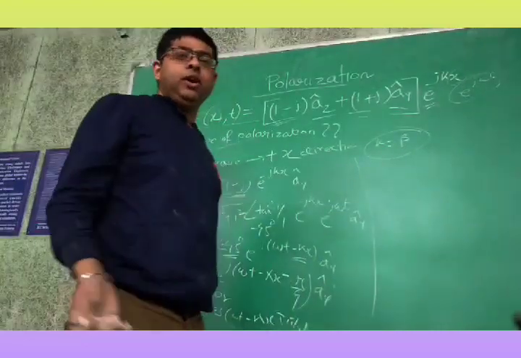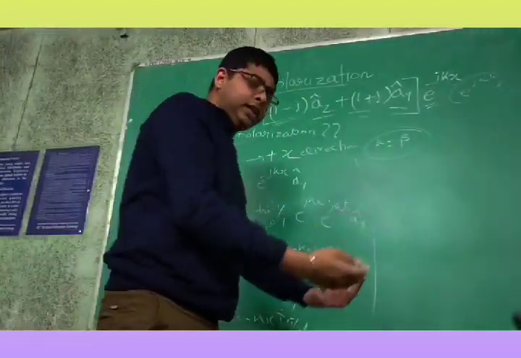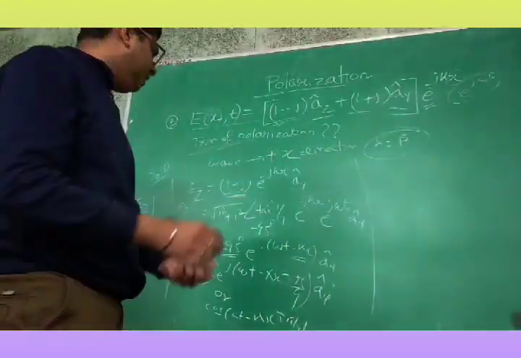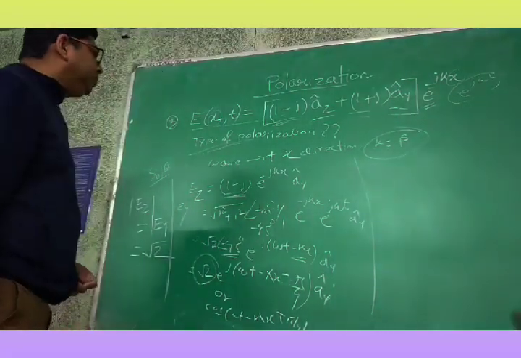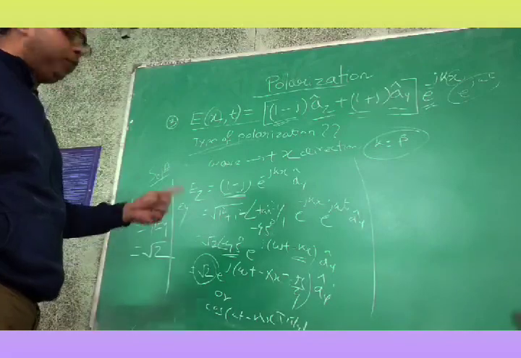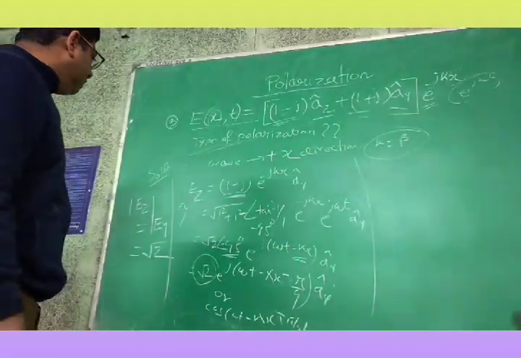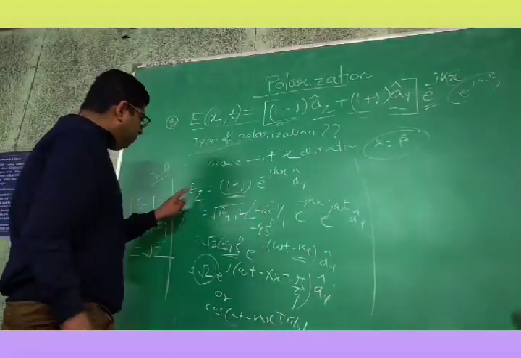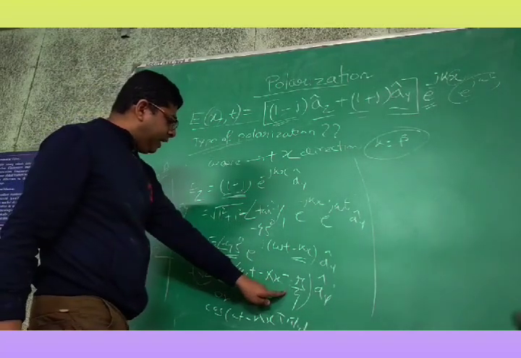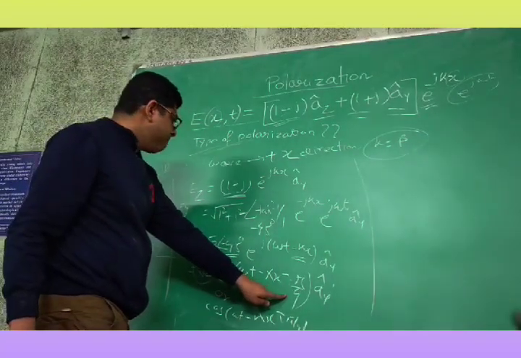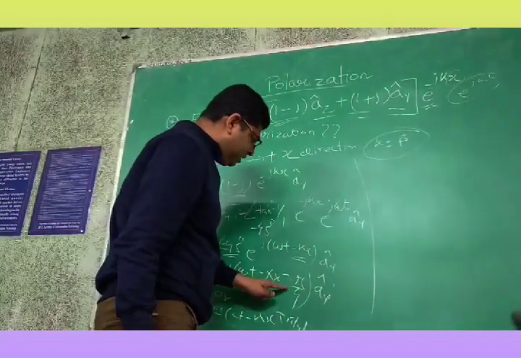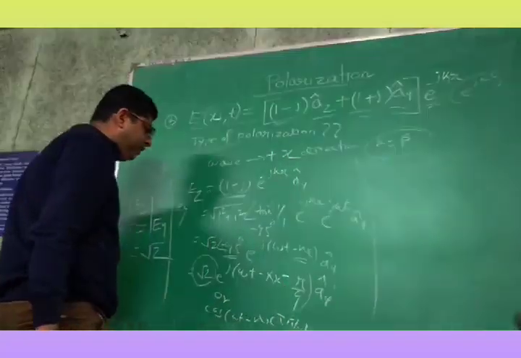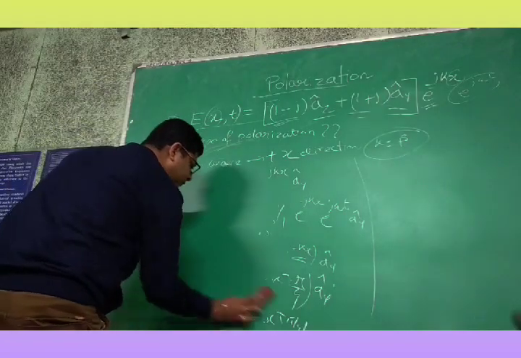Now we need to predict whether it is left-handed or right-handed. Easily we can predict: just see which one is leading and which one is lagging. Remember, for Ez the angle is minus 45 degrees, and for Ey the angle is plus 45 degrees.